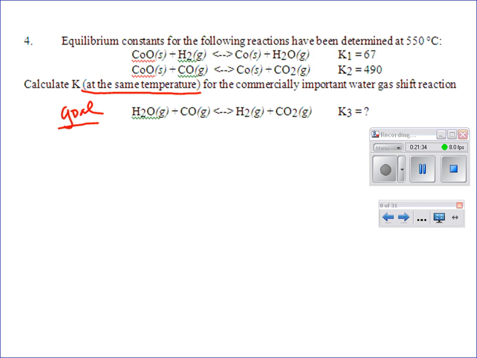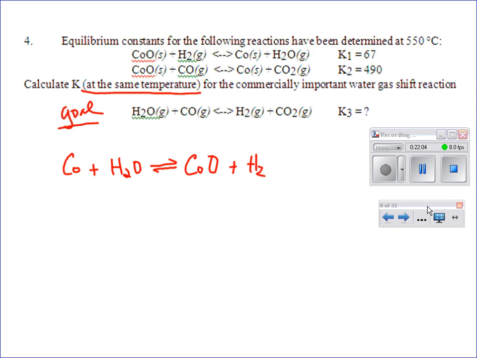So I'm going to start with the first equation. What do I want to do with that equation? You know this from thermo. It's the sole source of water and H2, right? So what do I have to do to it? I'm going to flip the first equation. So I get CO plus H2O gives me CO2 plus H2.